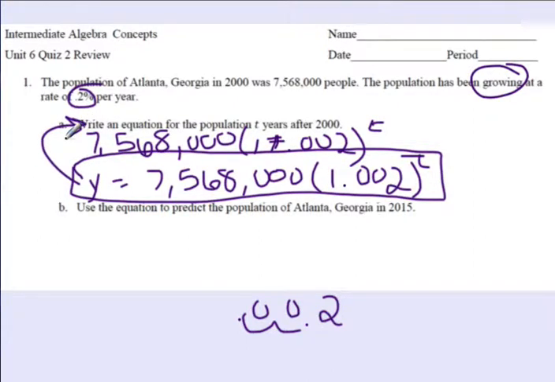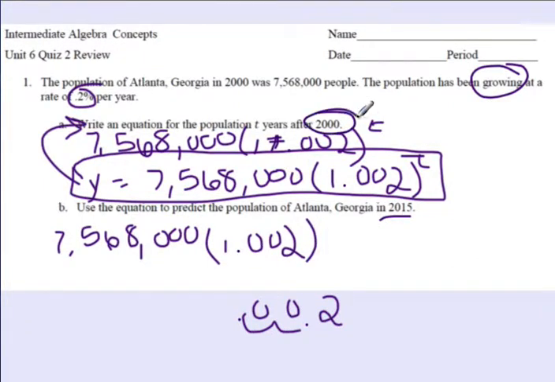So now we need to actually figure out how many they're going to be in 2015. In order to figure out the number of years, we need to figure out how many years passed between 2000 and 2015. We can do that by subtracting 2015 minus 2000, and we get 15. So now you can go ahead and plug that into your calculator.